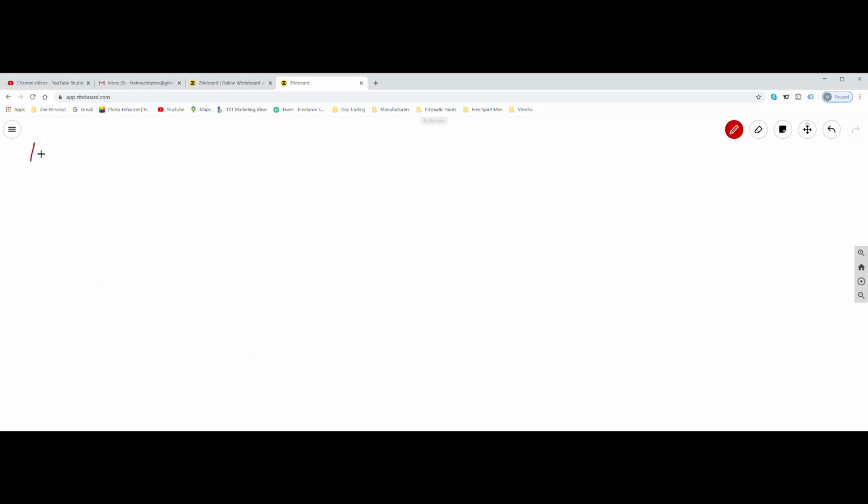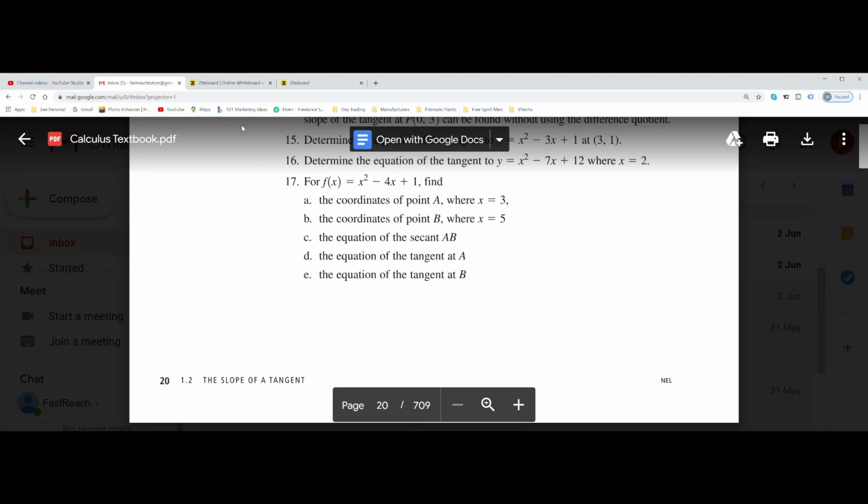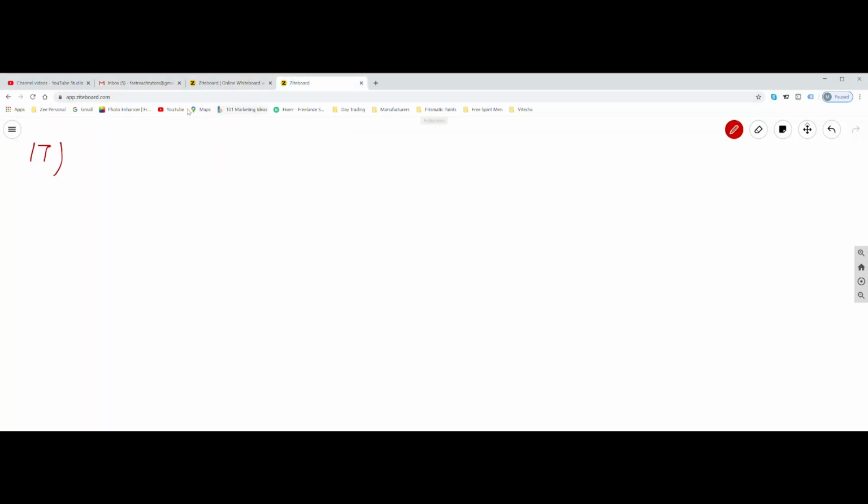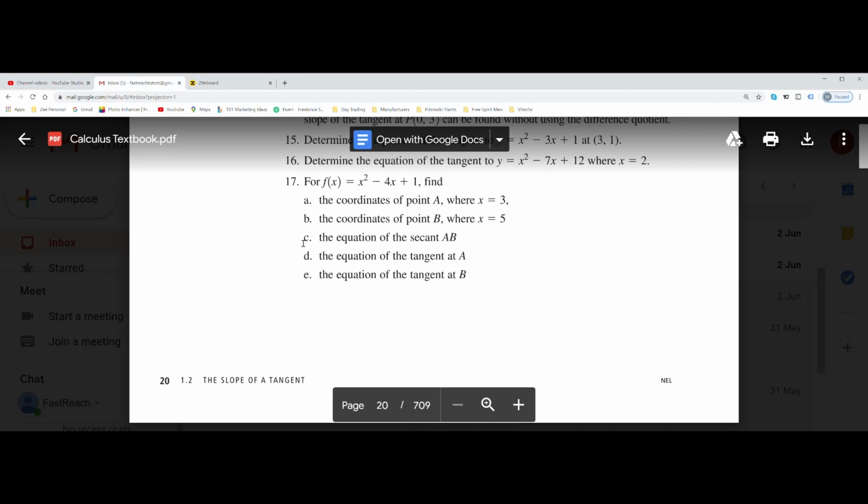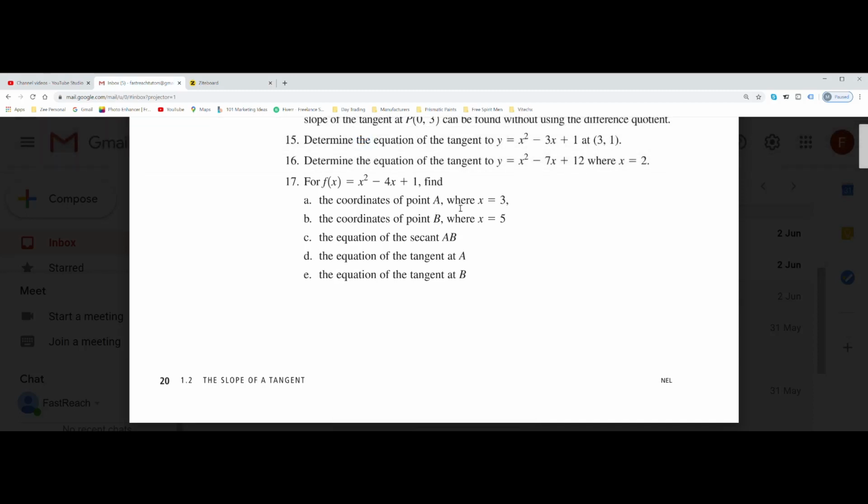So we're going to do number 17, which is x squared minus 4x plus 1. It's saying the coordinates of point A when x equals 3.